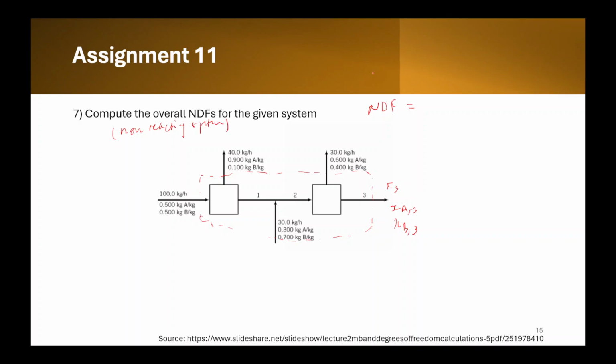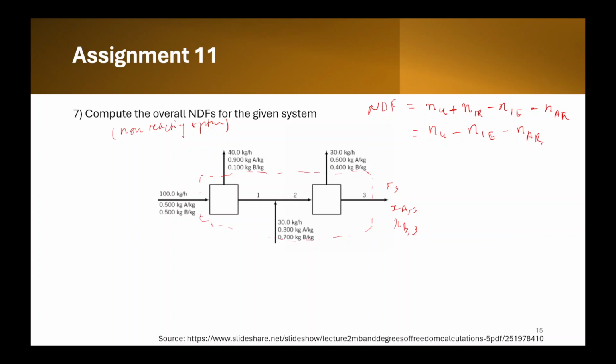So NDF is the number of unknowns, plus the number of independent reactions if there are any, minus the number of independent equations, and then minus the number of any auxiliary relations. Here there is no independent reaction, so it is the number of unknowns minus the number of independent equations minus the number of auxiliary relations.